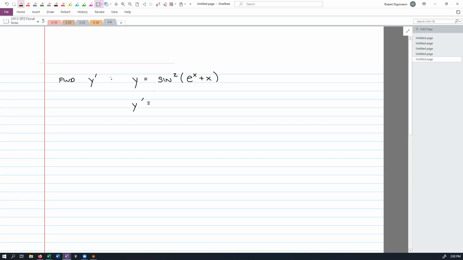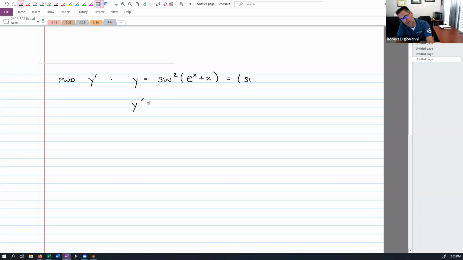Since I noticed the 2 squared near the sine, I separated it from the parentheses and took it to the front. Okay, so you're looking at this as sine of e to the x plus x, all of that squared, and you're going to pull the 2 out front when you take the derivative? Yes. That's right.